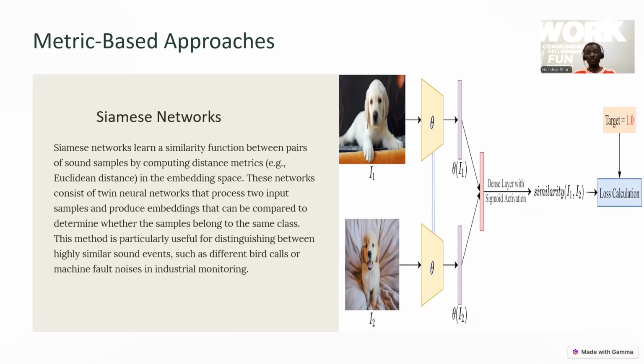So you can use these Siamese networks to categorize each of them. For instance, if you have the wolf down and the dog up, and then we come up with a dense layer with the sigmoid activation, similarity of I1 and I2, we get the loss calculation, and then we compare it with our target sound.